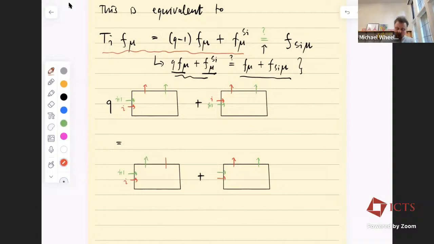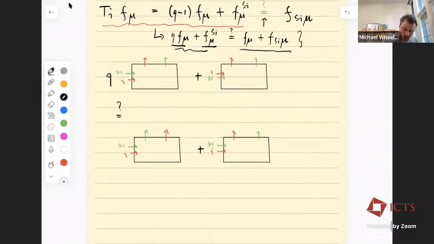This is what will change. So they have the same incoming states, i plus 1, but what changes is the relative ordering of the two colors at the top. And so basically the statement boils down to whether these things are equal. And we showed, in fact, that they are equal.